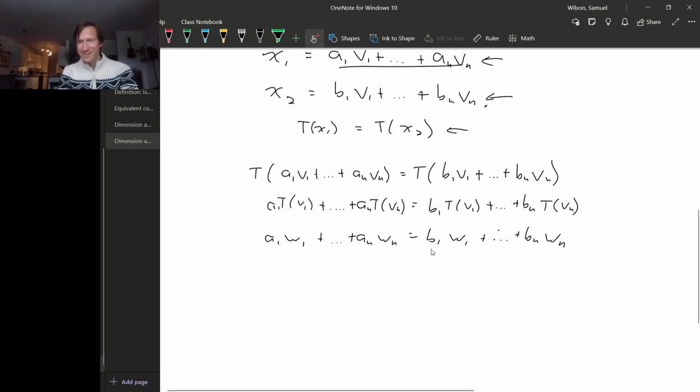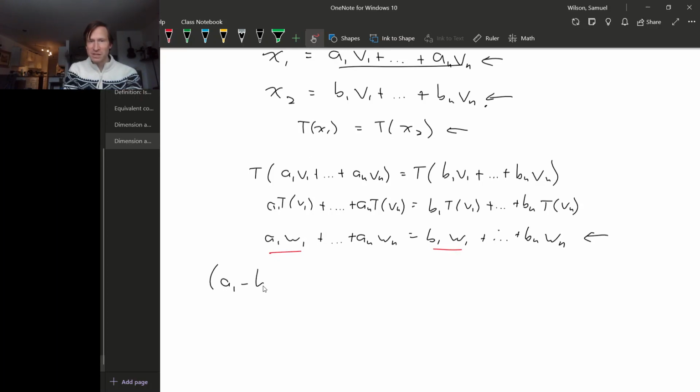Okay, well, why have all of our w's on different sides of the equation? Let's move them all to the same side of the equation. We have two terms with w1, so we can combine those two terms. We get (a1 minus b1) times w1, and then the same thing for all of the rest of them, down to (an minus bn) times wn.